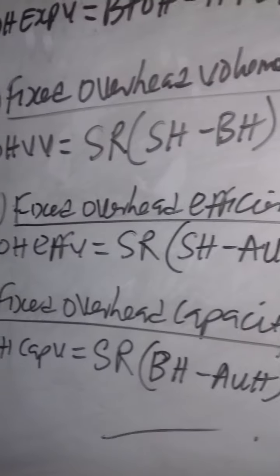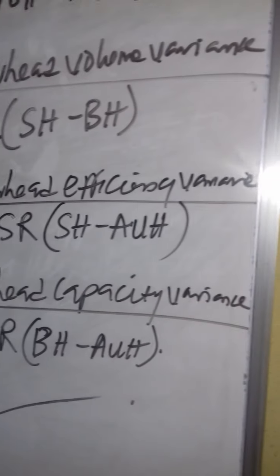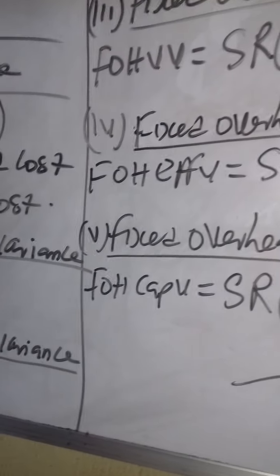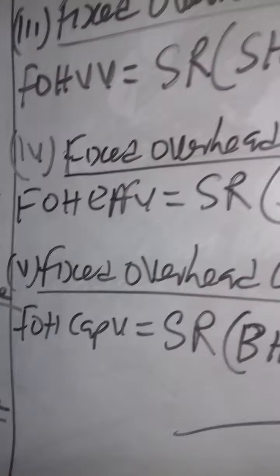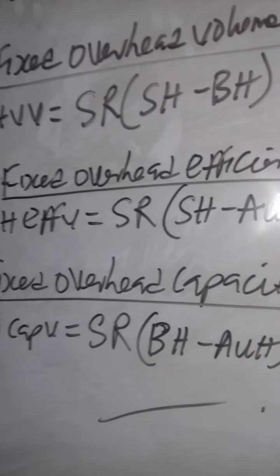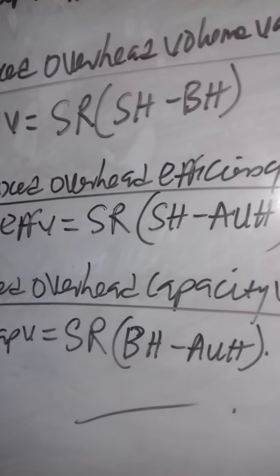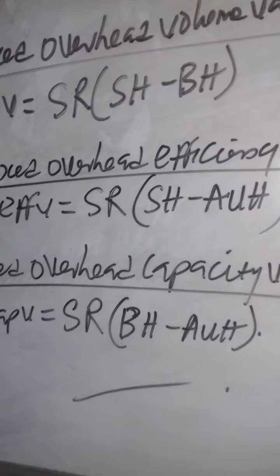The last line is fixed overhead capacity variance. Fixed overhead capacity variance is the difference between budgeted hour minus actual hour used, multiplied by standard rate.